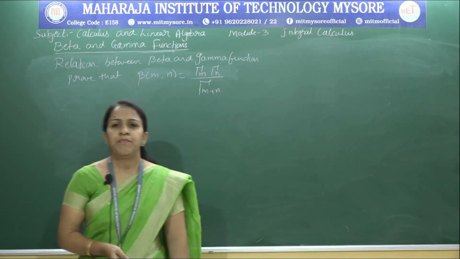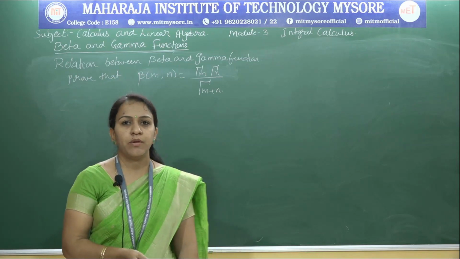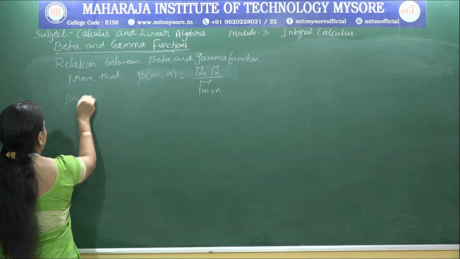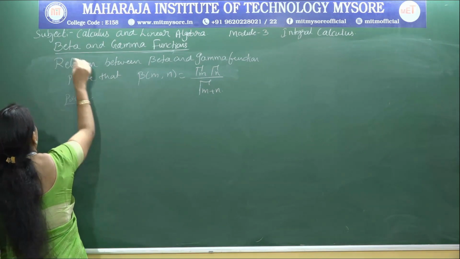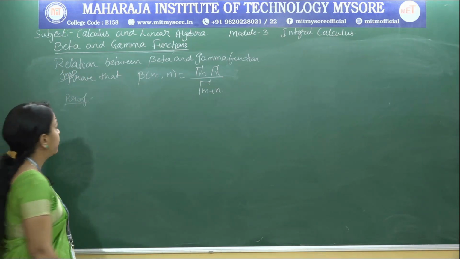So to prove this result, we are using the definition of beta and gamma. Okay. So the proof of that relation, of course I am telling you this property, or the relation, is an important one.